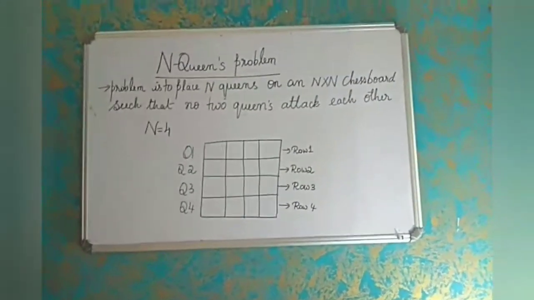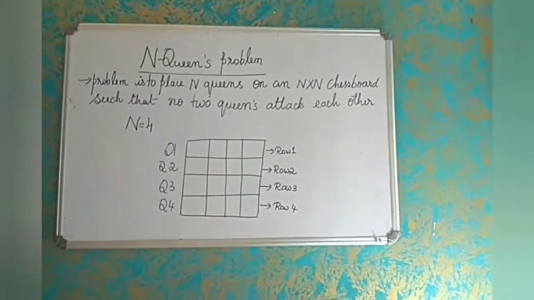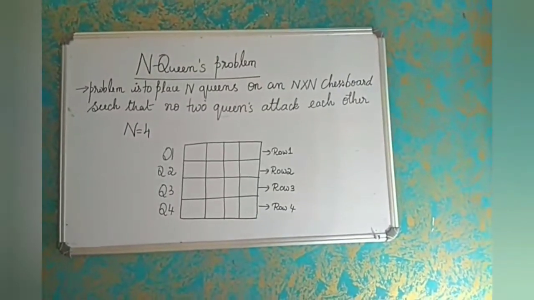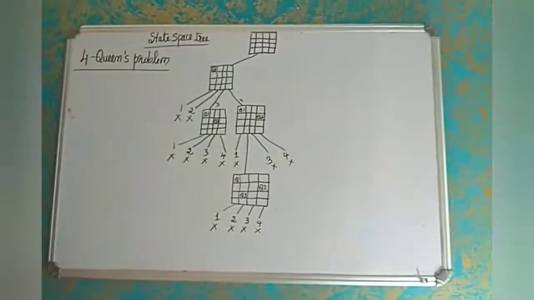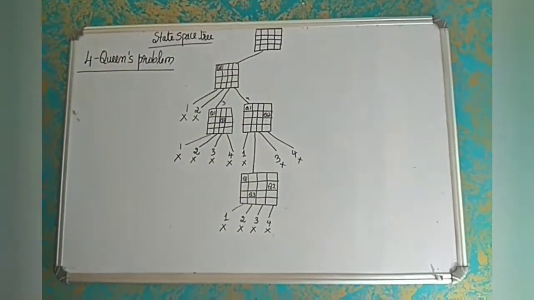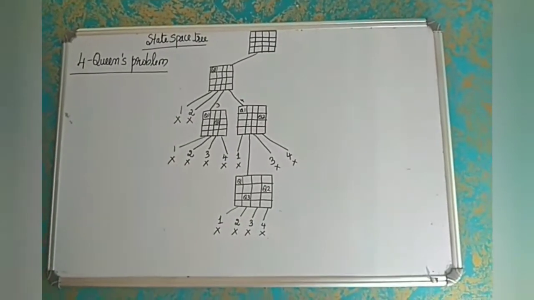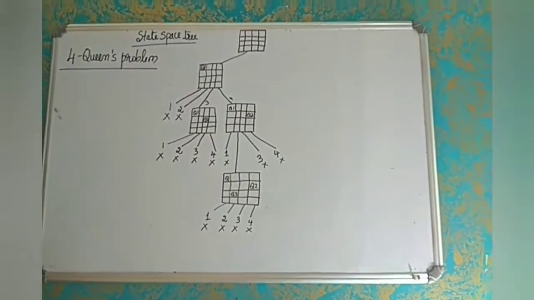So now we'll draw the state space tree for this 4 queens problem and see what possible combinations of solutions we have. Let us start finding the solution for the 4 queens problem using the backtracking method. In the backtracking method, we make use of the state space tree to get the solutions.